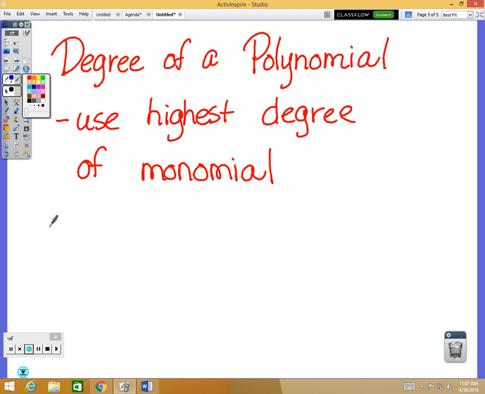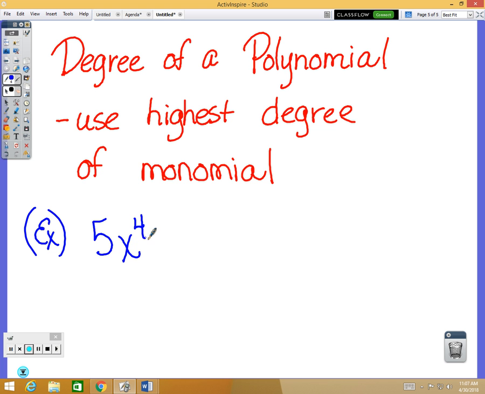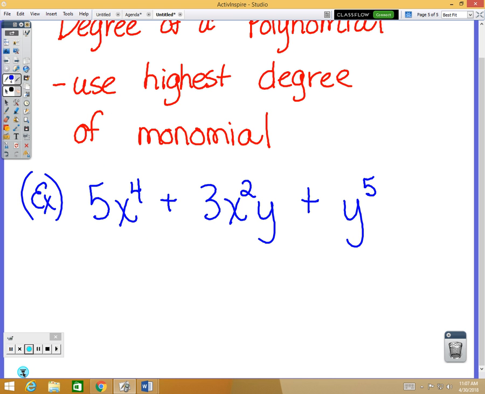I'm going to do a trinomial up here. We'll give you 3 terms. So the degree of the polynomial, we're going to use the highest degree of its monomial.